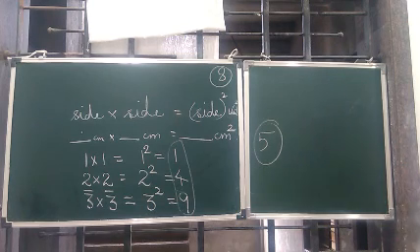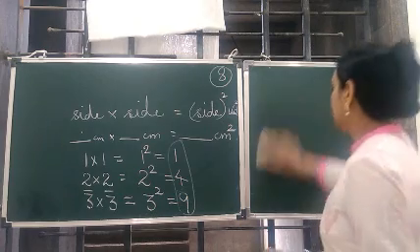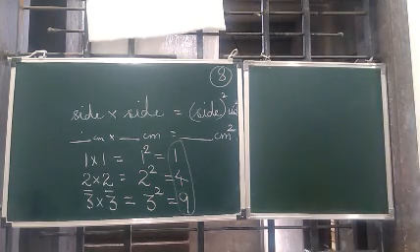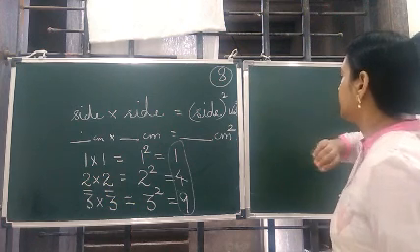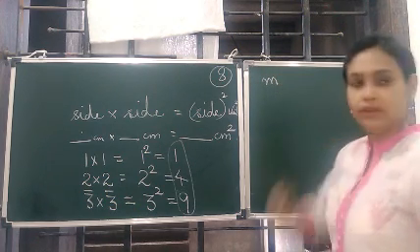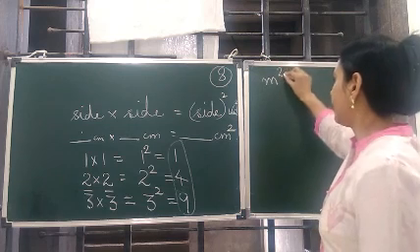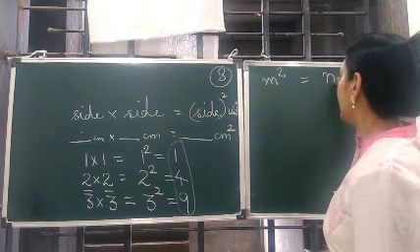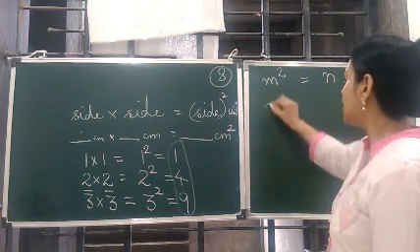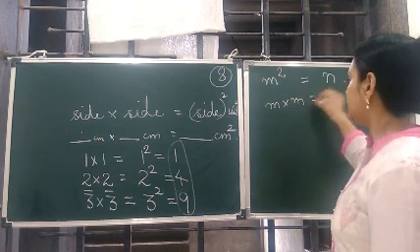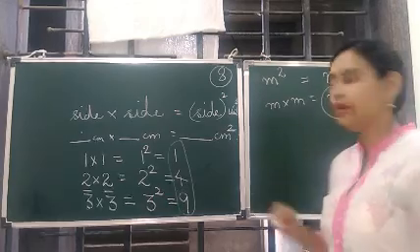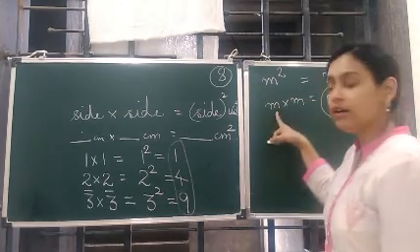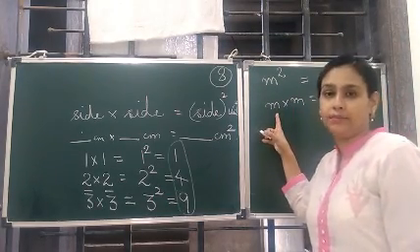So what definition can we give, children? The definition can be: if m is a natural number, then m cross m is equal to n, where n is also some natural number, and n is called the square of the given natural number m.